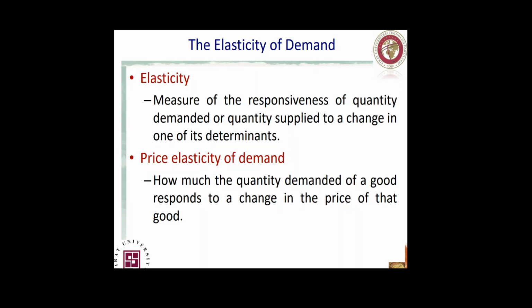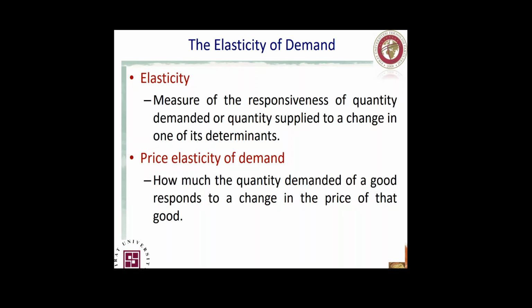So basically, we're speaking about the price elasticity of demand. You may apply it to other determinants, but what matters to us in this chapter is the price. So we speak about how much the quantity demanded of a good or a service responds to the change of the price of that good.